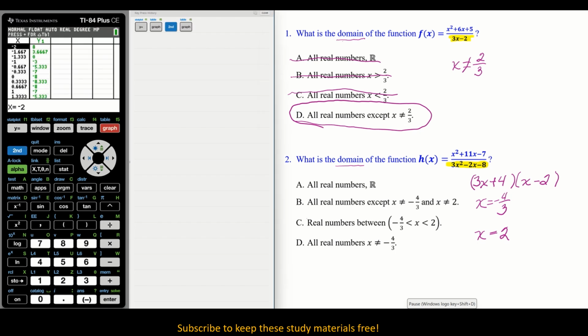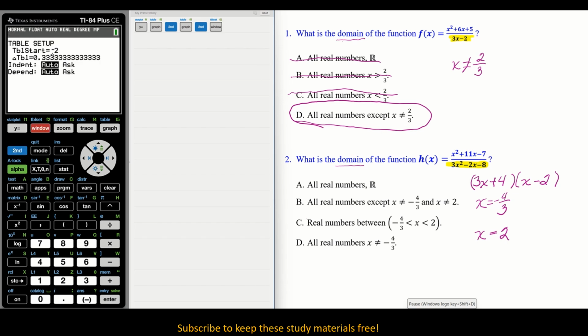So second graph, and notice how I have the graph set up. Okay, so let me show you if you're not sure how to do that when you put yours in. Go second window, and I have it set where I want to look at -2 first. I want it to pop up there first. I could push 0. Let's do that. And now, how did I get that 0.333?